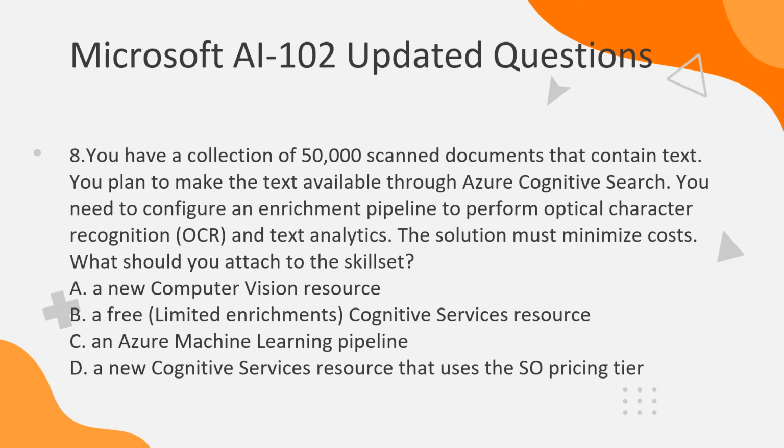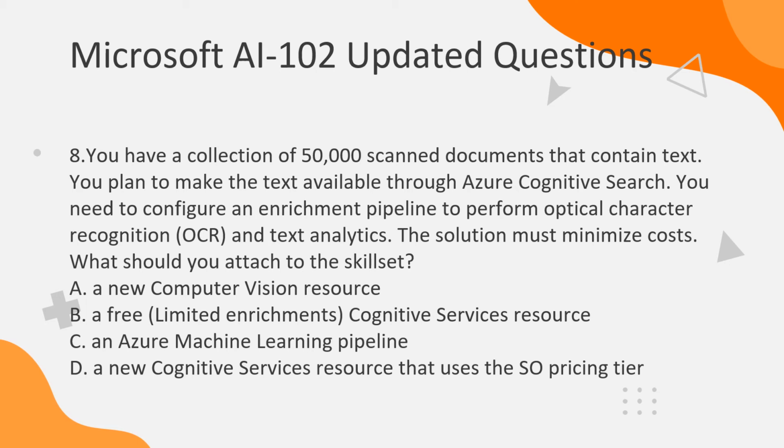8. You have a collection of 50,000 scanned documents that contain text. You plan to make the text available through Azure Cognitive Search. You need to configure an enrichment pipeline to perform optical character recognition, OCR, and text analytics. The solution must minimize costs.